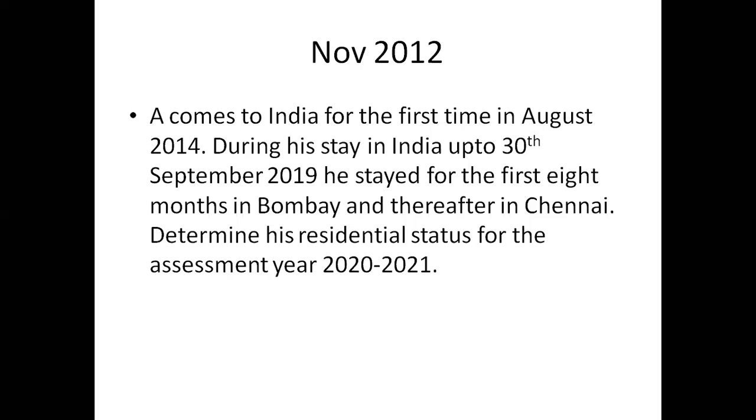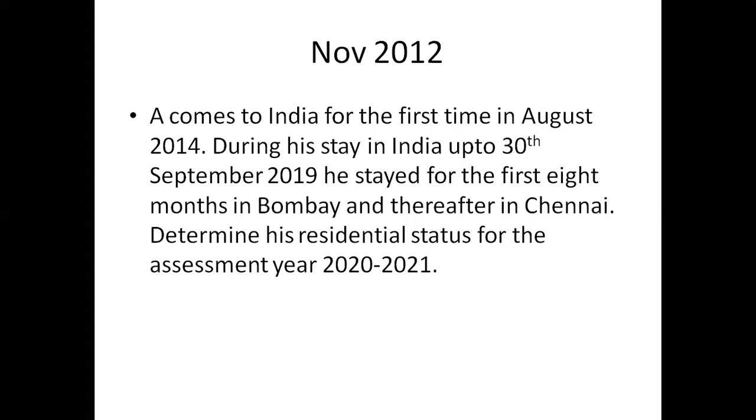So a person comes to India, a foreigner, for the first time in August 2014, and stays from August 2014 until 30th December 2019. Now we have to calculate his residential status for the assessment year 2021.